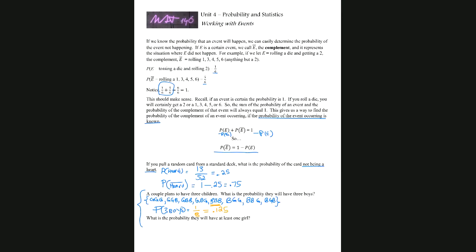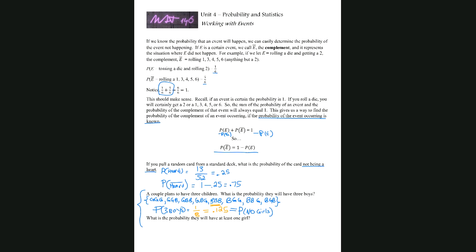So we could say that this is the same thing as the probability of no girls. So that's the probability of no girls. The probability of three boys and the probability of no girls is the same thing, 0.125.